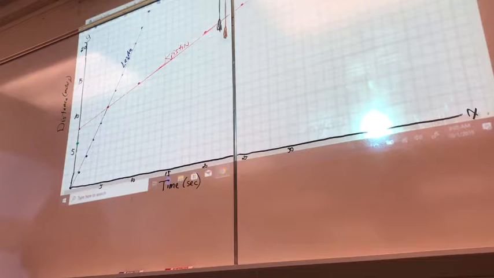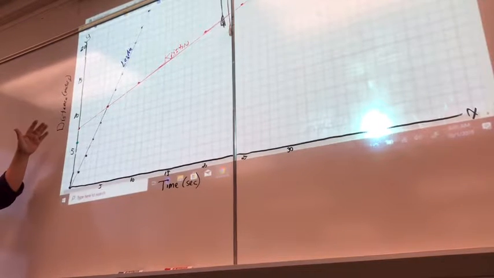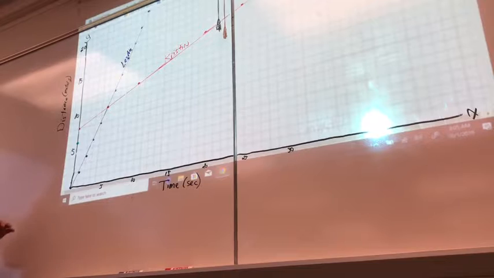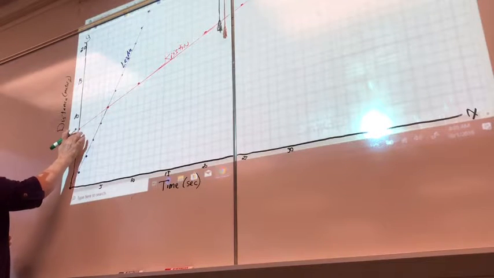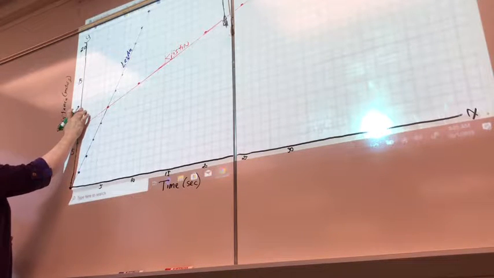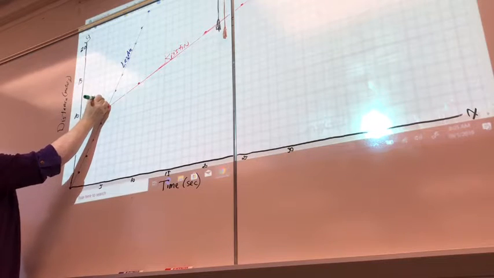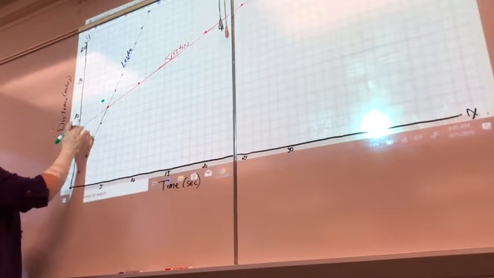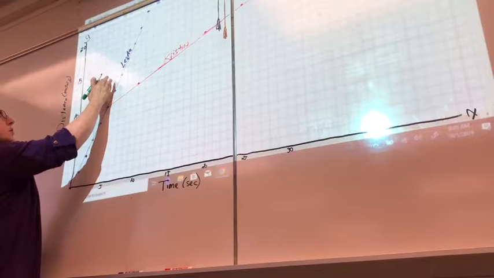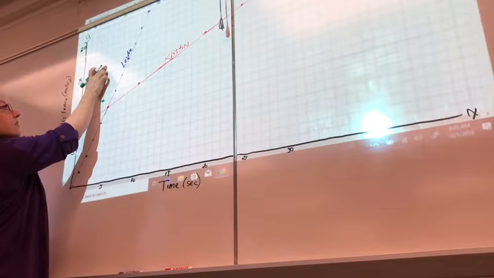Okay, so Evie starts at 6 meters, so she gets a head start. We're told that she goes 5 meters every 4 seconds, is that right? Yes? Okay, so we're going to go 1, 2, 3, 4, 5, and over 4. 1, 2, 3, 4. Again, she's going 5 meters every 4 seconds.